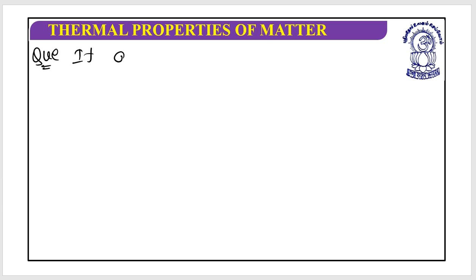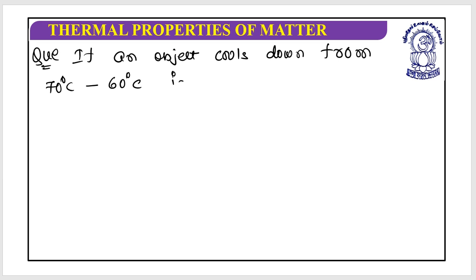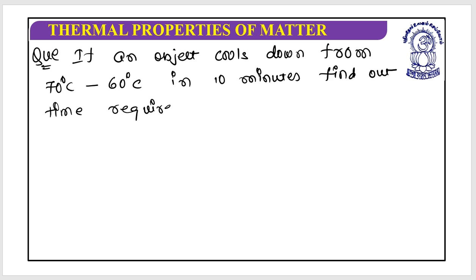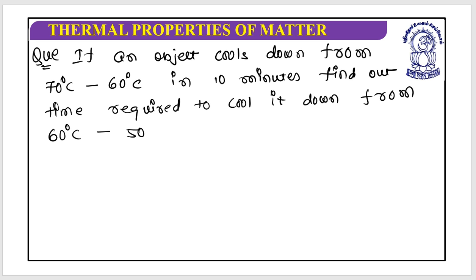If an object cools down from 70 degrees Celsius to 60 degrees Celsius in 10 minutes, find out the time required to cool it down from 60 degrees Celsius to 50 degrees Celsius.